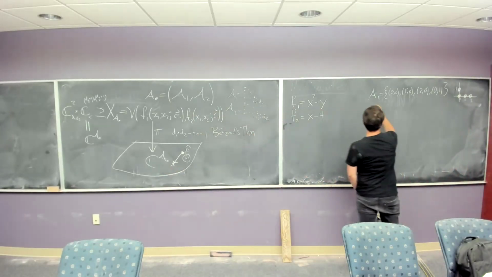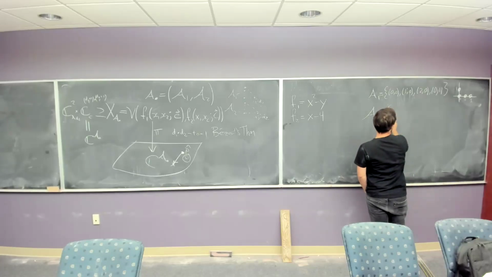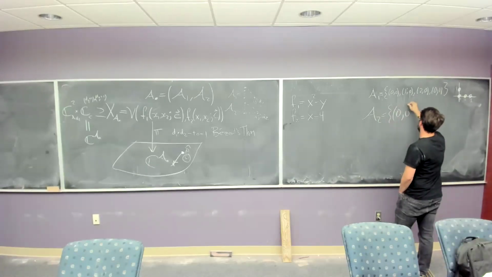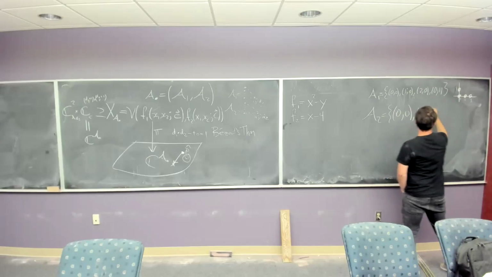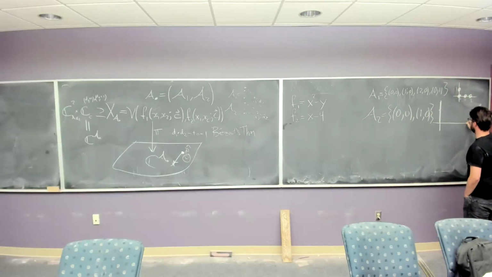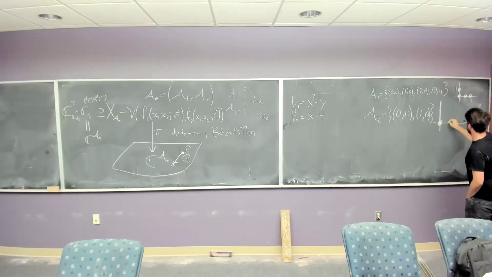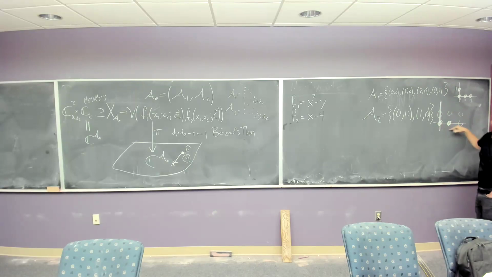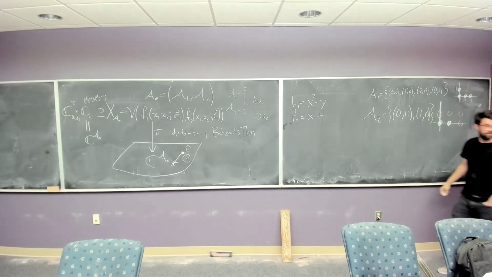And A2, maybe... okay, so this is in monomial space. This is just the origin and this, so nothing else. It just lives on this x-axis, yeah.